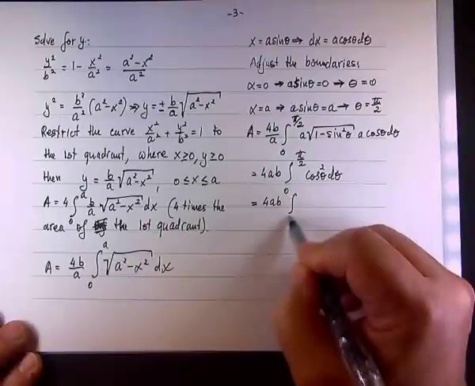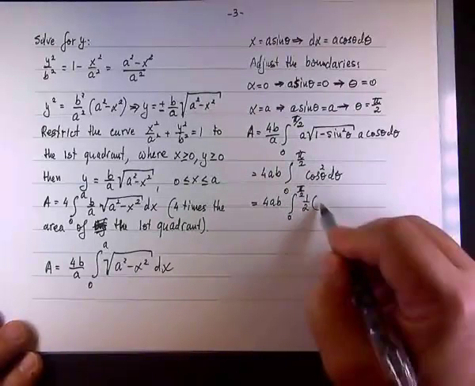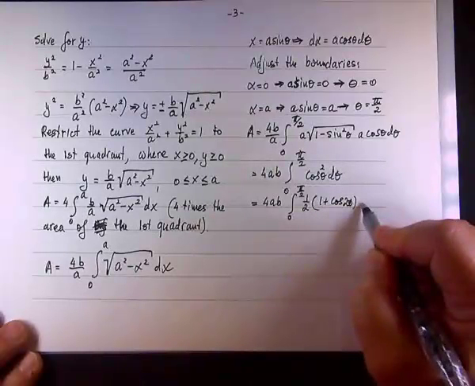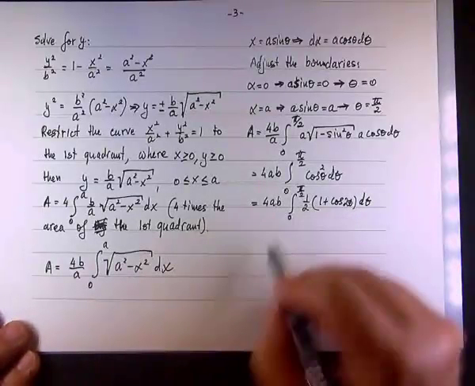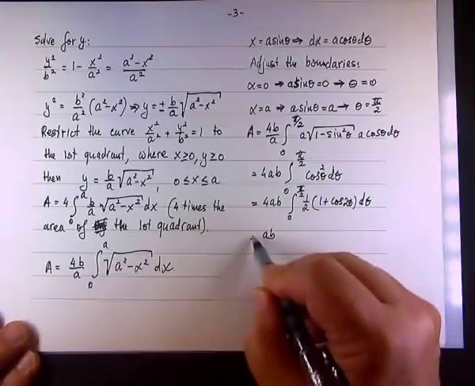All right. Now, what do we have here? We're going to substitute. So we have 4ab, the integral from 0 to pi over 2. And remember the double angle identity: 1 plus cosine 2 theta d theta.